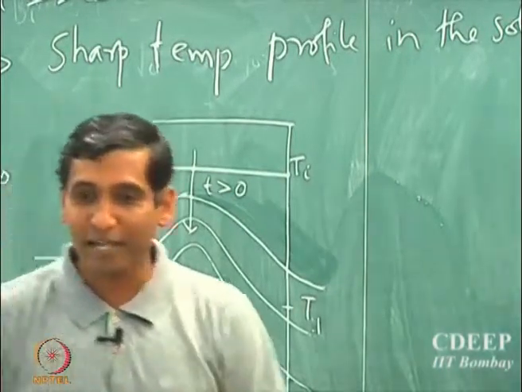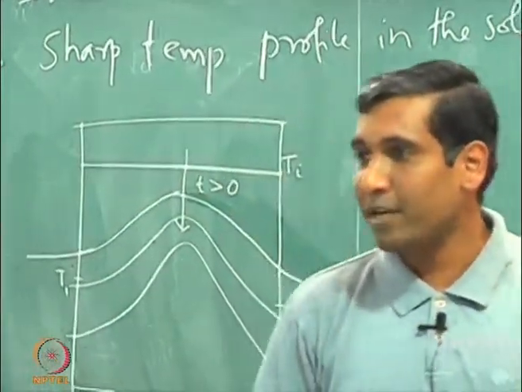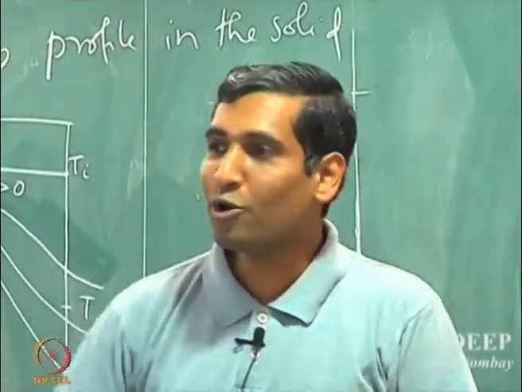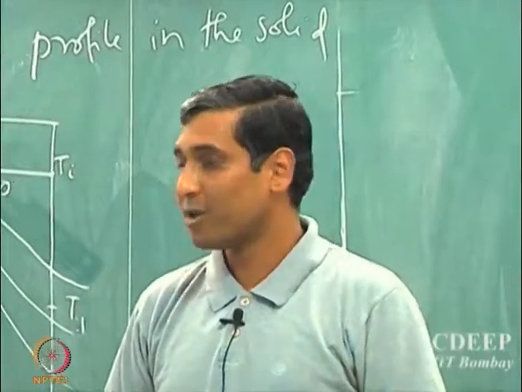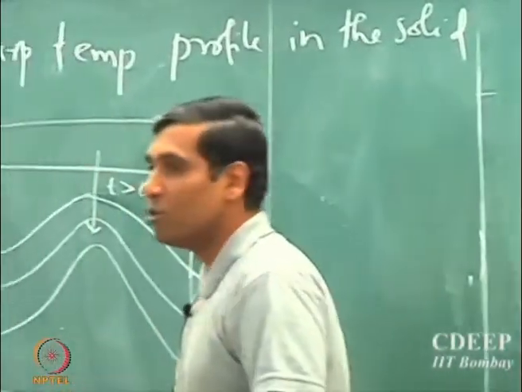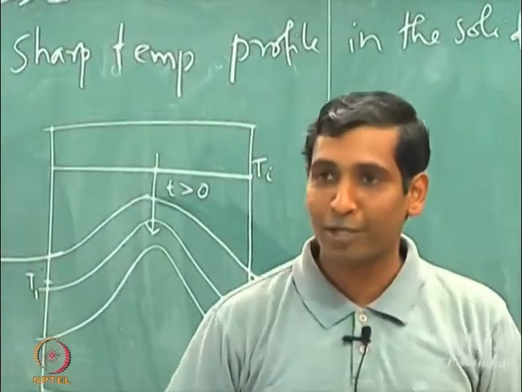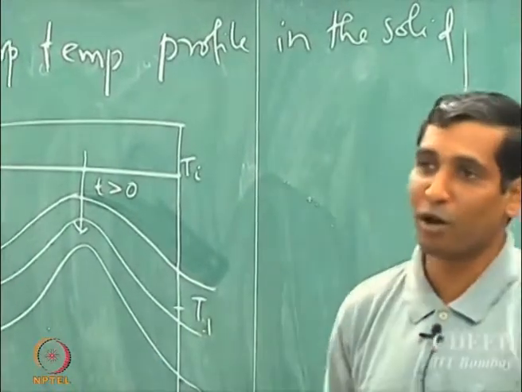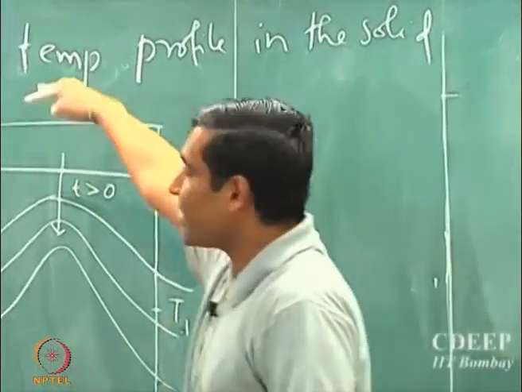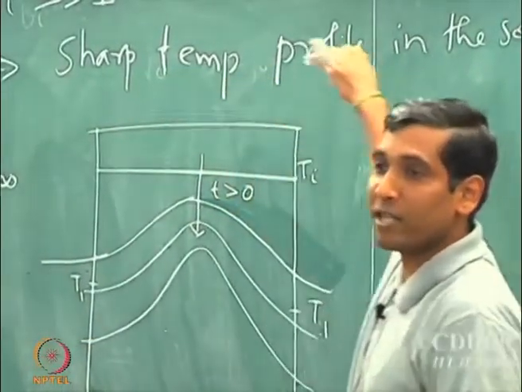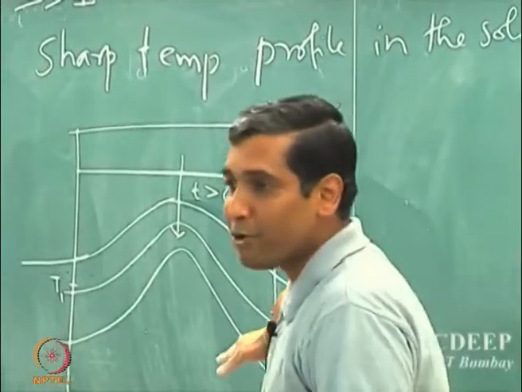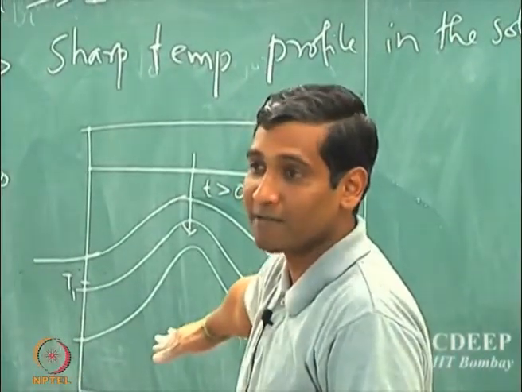Of course, you will have to write model equations and solve them, but if you don't know what the model equation is going to give, you don't know whether the solution is right. So it's very important to be able to get an approximate sketch of the temperature profile even before solving the equations. And using dimensionless quantities and such resistance arguments, it helps you to come up with the approximate temperature profile.